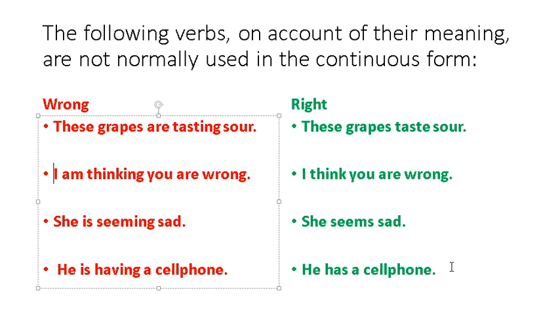You can use a present simple sentence, and we have already discussed present simple, which I told you is considered present indefinite in Wren and Martin, so both have been put in the same category. That's why instead of "he is having a phone," you should say "he has a cell phone."